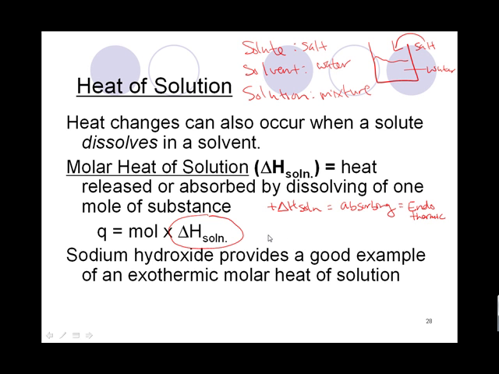Okay, versus if it is a negative delta heat of solution, this is releasing heat. When you add this stuff, it's releasing so much heat that this is an exothermic process. And for sodium hydroxide, this is an example of an exothermic molar heat of solution.